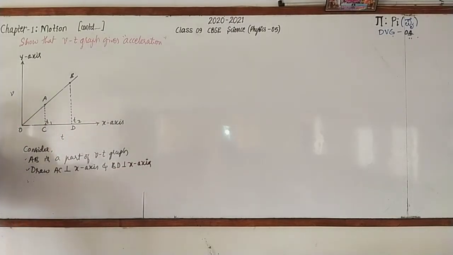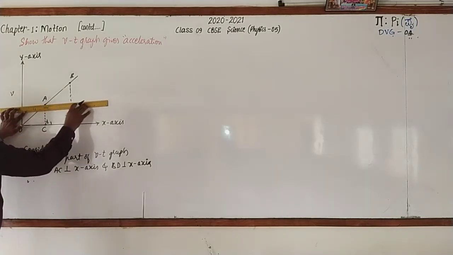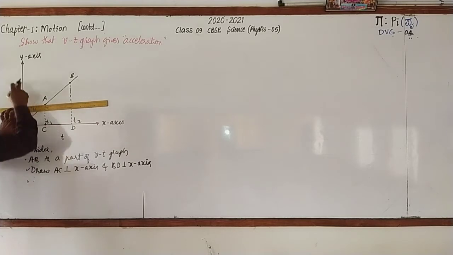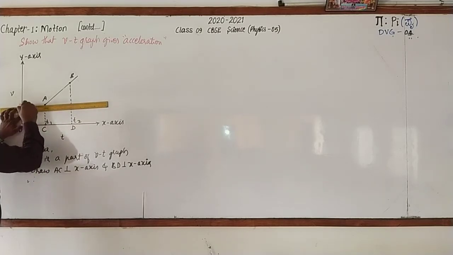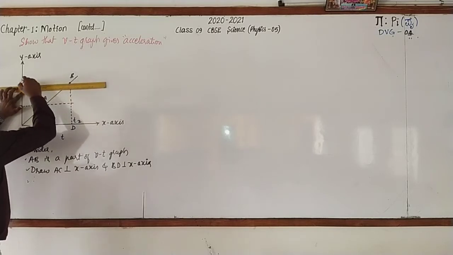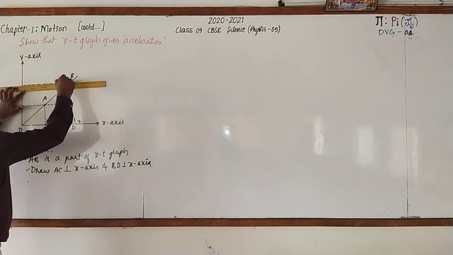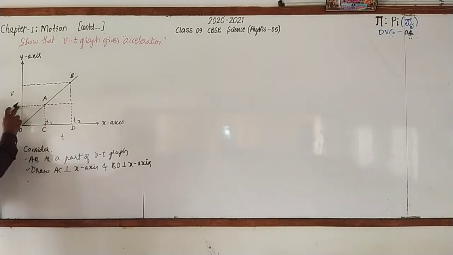And one more line, a parallel line to the x-axis through A. Here I draw that. And one more parallel line to the x-axis from the point B.